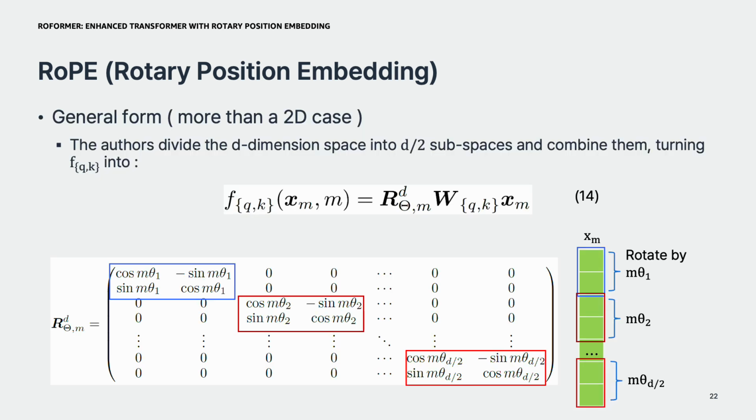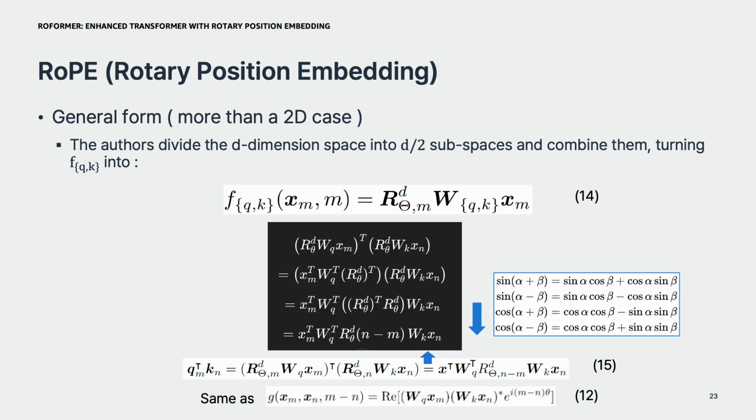Earlier, I explained the case in two dimensions, but in practice, embedding vectors are d-dimensional. Therefore, the author divides the d dimensions into pairs and applies a rotation matrix to each pair. Here, m represents the index of the token, while theta varies across embedding dimensions, so the difference can also be captured within the token itself.